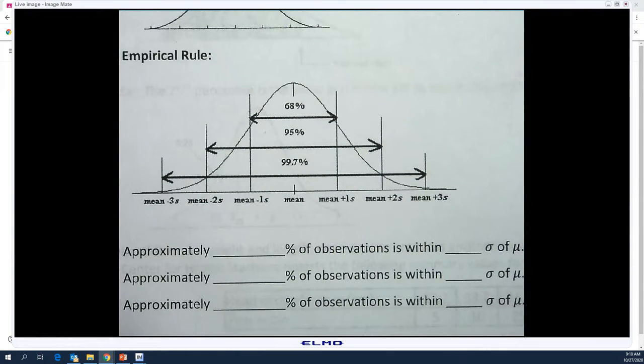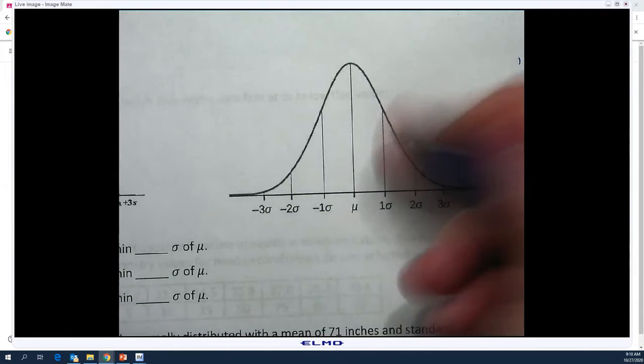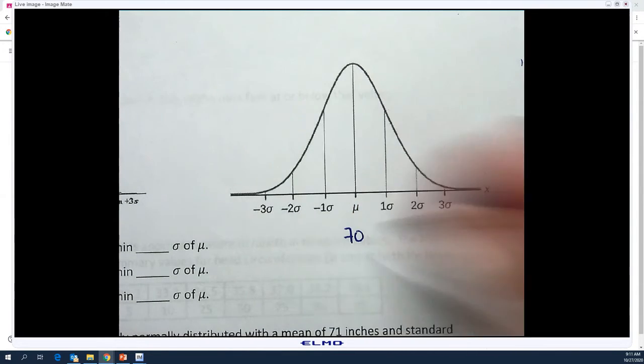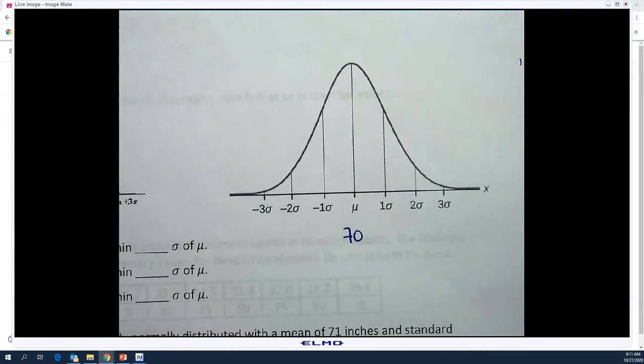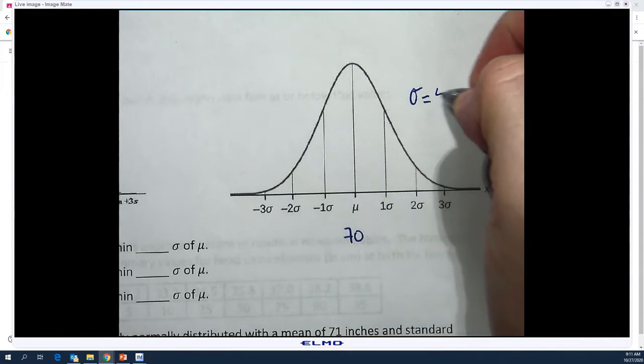So if you had, as an example, if I told you the average height of males at this school is 70 inches tall, I have no idea if that's true. But if the average height of males is 70 inches tall, and let's say that the standard deviation is 5 inches.